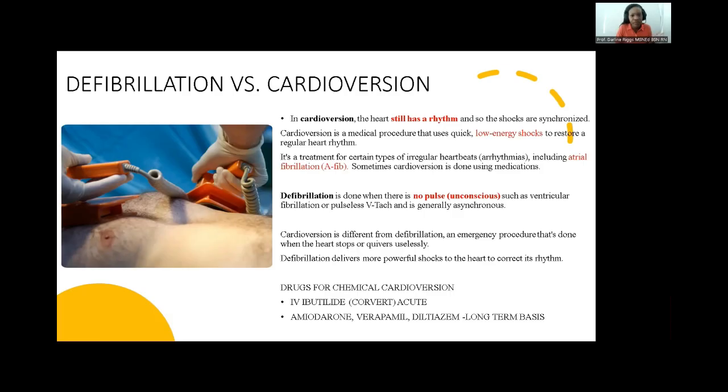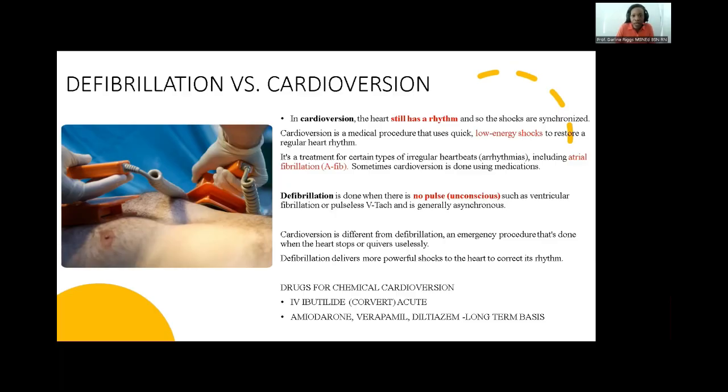Before we continue with abnormal heart rhythms, you need to know the difference between defibrillation and cardioversion. When we say we are cardioverting a client, the heart still has a rhythm.